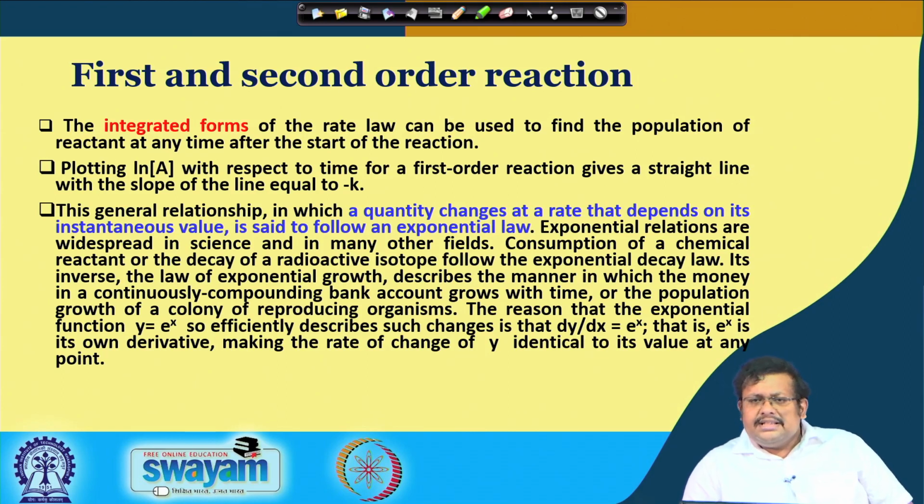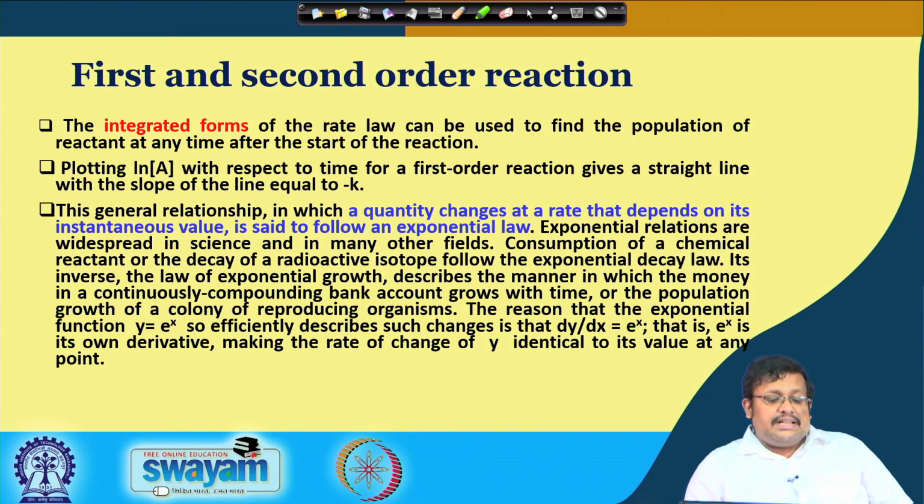We know that. Sometimes in some literature you will see minus k by 2.303. Why it is k by 2.303, we will see later. But remember that the value of k by 2.303 is still a constant. So, it does not matter, we can use minus k as a constant.